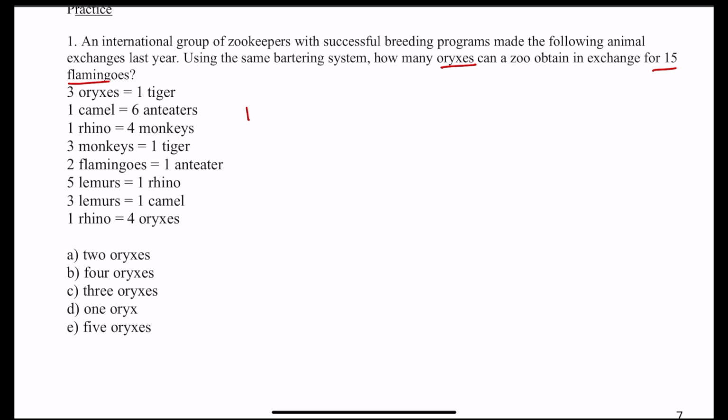So we're going to put 15 flamingos. Now we're going to look here, looking for the unit with flamingo. It's right here, but unfortunately it doesn't give me oryxes right away.